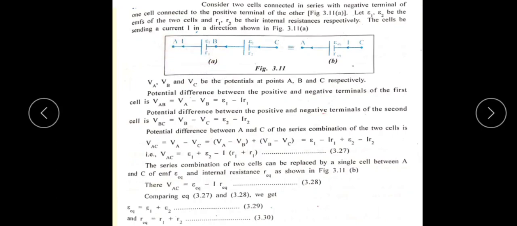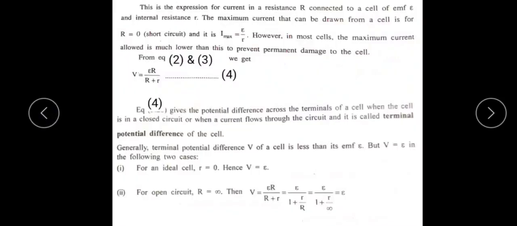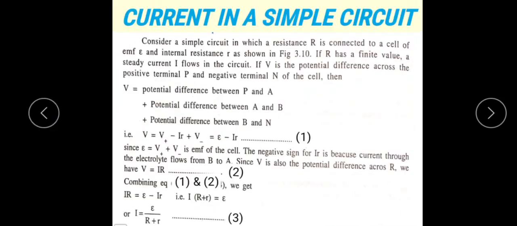This is the potential difference across the first cell. We know that the expression for potential difference in the case of a cell is V equal to E minus Ir.